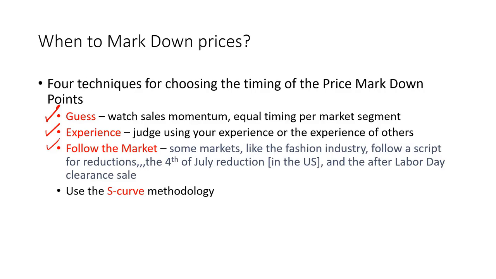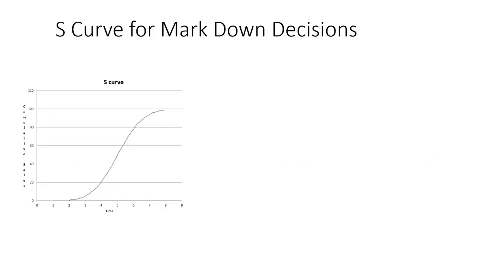A fourth technique uses something that we call S-curve methodology. Now, what the heck is the S-curve? Well, the S-curve looks like this, and it can be used to determine when to make markdown points in a markdown strategy.